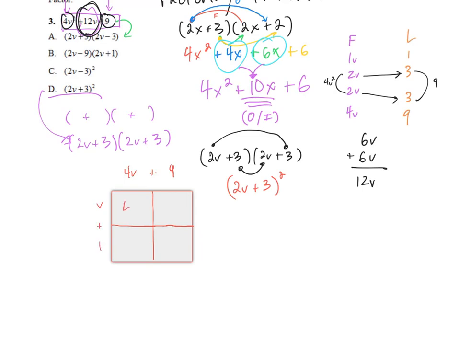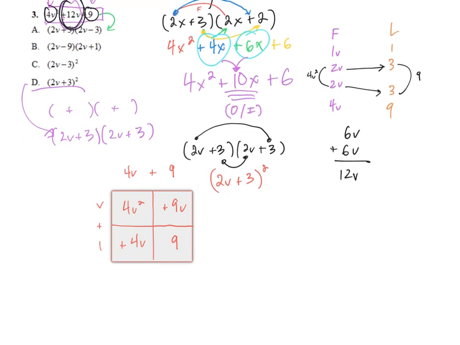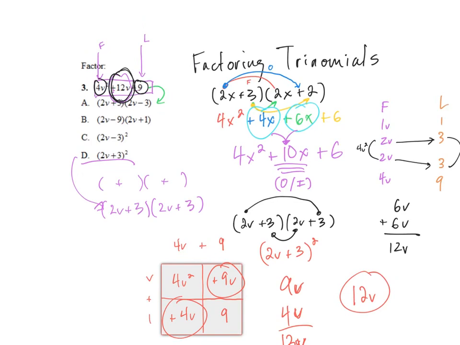So I would get a 4v squared plus 9v plus 4v, and then on the outside 9, which does match up with the 9 there, but the problem is my 9v and 4v would have given me a 13v, I'm sorry. And it was the 12v that we wanted. So my final answer here would have been the 2v plus 3 squared.